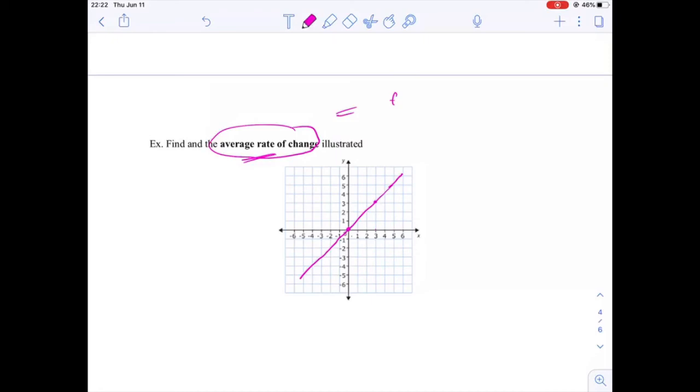If we have 2 points, like x1 and x2, let's use x1 and f of x1.